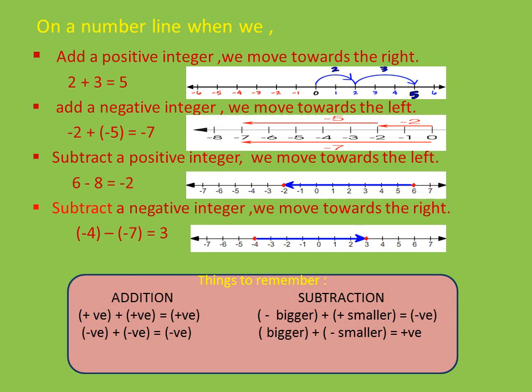We will do the subtraction here because the integers are unlike. One is negative and the other one is positive. So subtraction will be done, but the sign the final number will carry depends on the sign of the bigger number. I hope you have understood this.